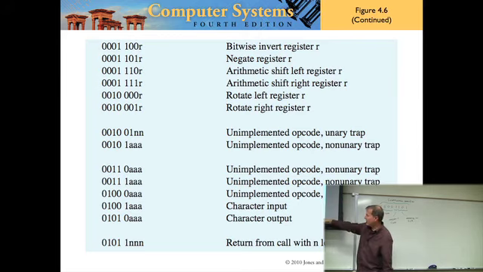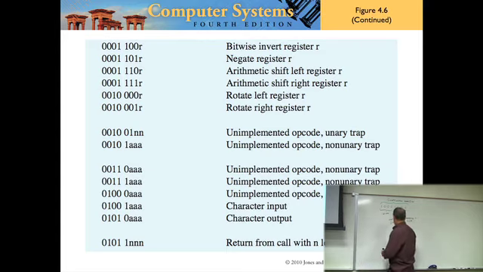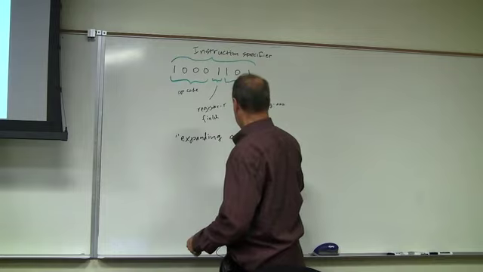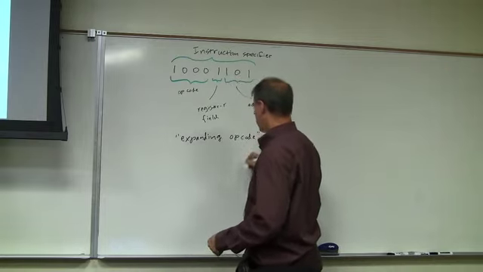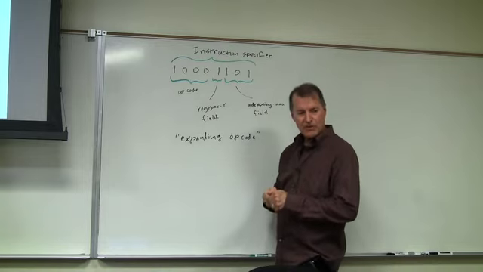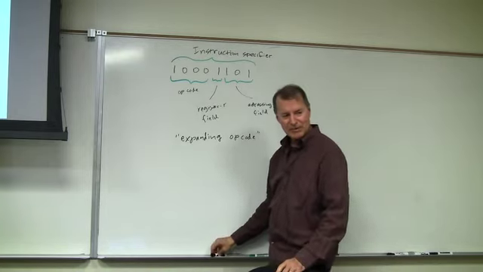And then down here, the return from call with n local bytes. How many bits in the opcode? 5 bits. So the size of the opcode actually changes. This feature is called expanding opcode. The opcode stands for operation code, the set of bits that tell you what the operation is.